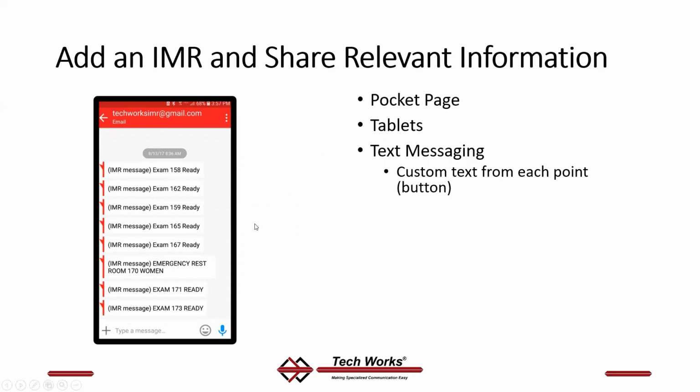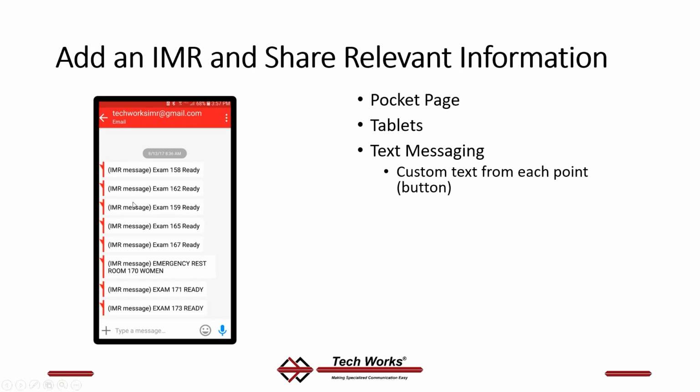So for instance, why would you want to do that? X-ray technicians love this feature because it gives them a list of where they're needed, and it only sends a message to this cell phone when the yellow button is pressed in an orthopedic clinic. So the orthopedic nurse or doctor says, I need an X-ray.